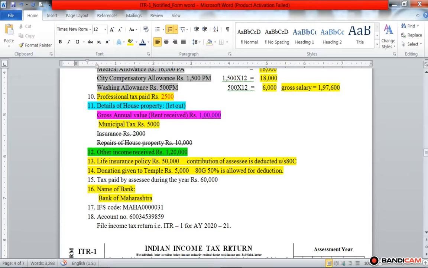Likewise for the Prime Minister Tsunami Fund, 100% is allowed. So we already discussed examples of donation under section 80G.